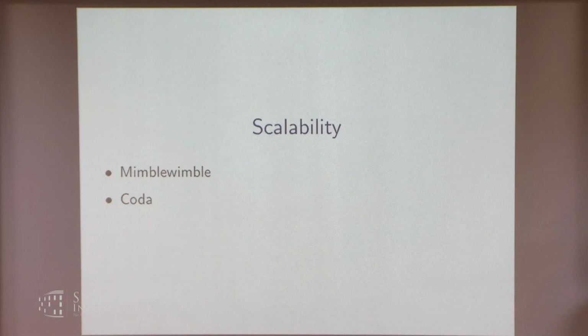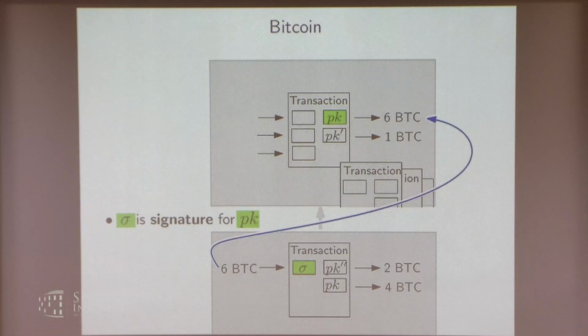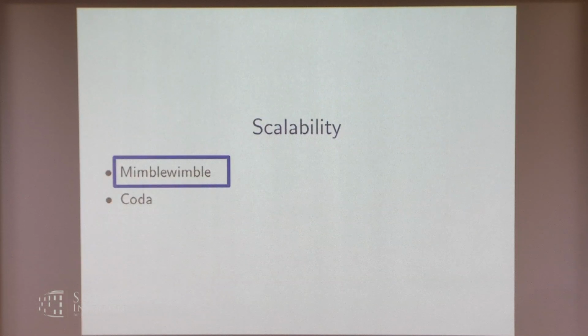increase throughput. So one of the proposals a few years ago, again by an anonymous author, I guess to add some mystical aura to it, was called Mimblewimble, and it promises to do what Bitcoin does, but in a more scalable way, in the sense that in Bitcoin, your blockchain stores the whole history of whatever happened since the beginning, since the Genesis block.